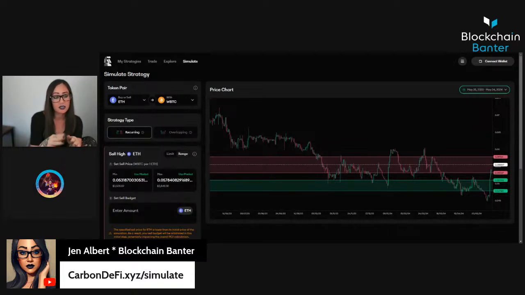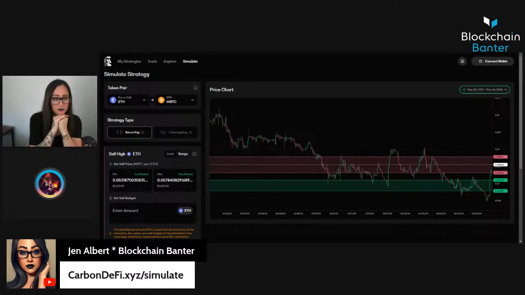So when you see this going into the sell range, down into the buy, back up into the sell, this is an automated cycle of just buy low, sell high, repeat. There are no more actions that need to be taken here other than what Glenn is showing you, where you're creating this strategy that you want to implement.